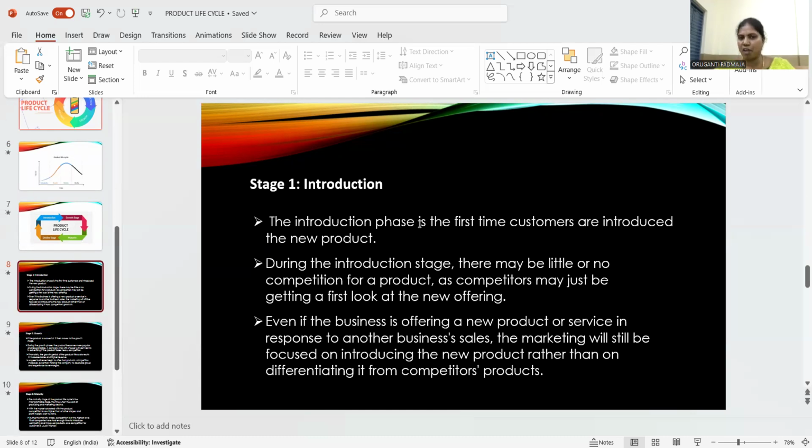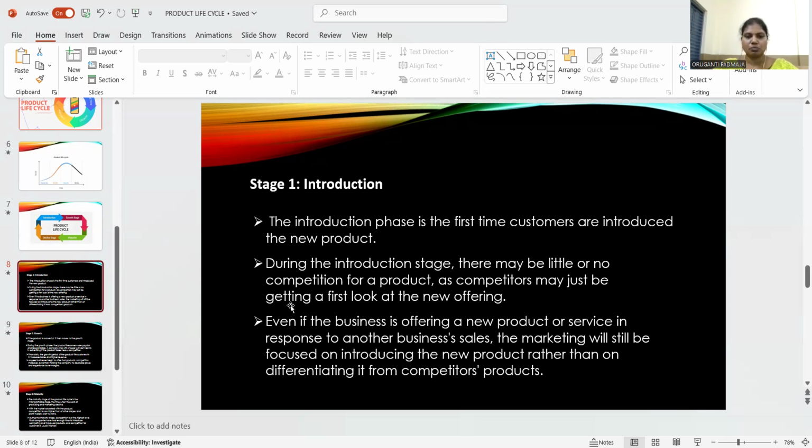The introduction phase is the first time customers are introduced to the new product. During the introduction stage, there may be little or no competition for a product, as competitors may just be getting a first look at the new offering.